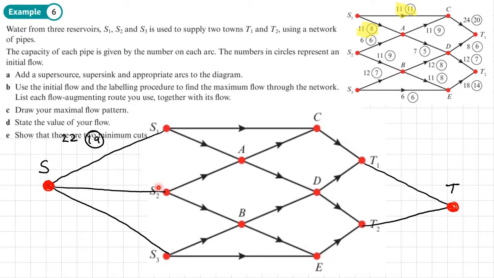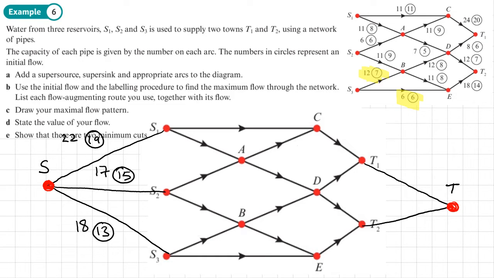For the arc which goes from S to S2, I now look at these values here. So I have a capacity of 17 and an initial flow of 15. And then looking at this pair of values to tell me what goes on the arc from S to S3, that's going to be a capacity of 18 and an initial flow of 13.